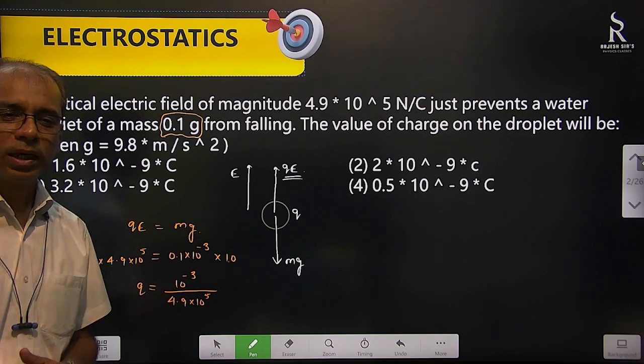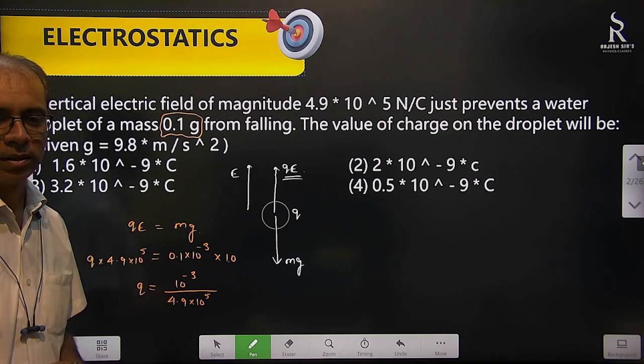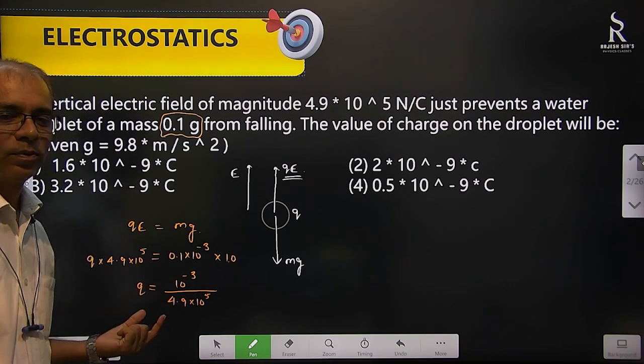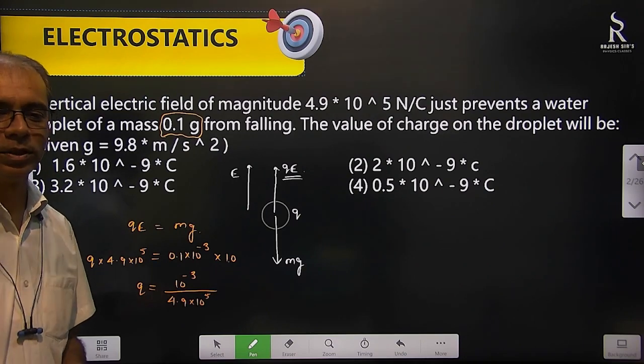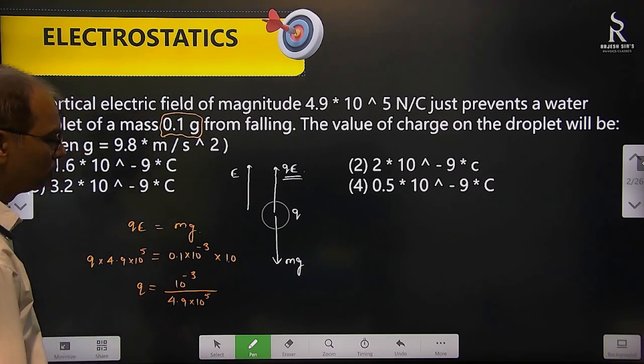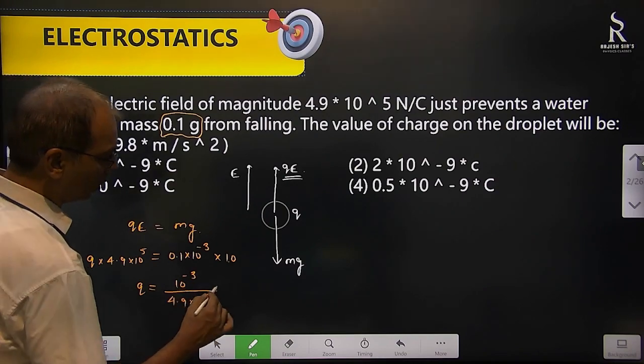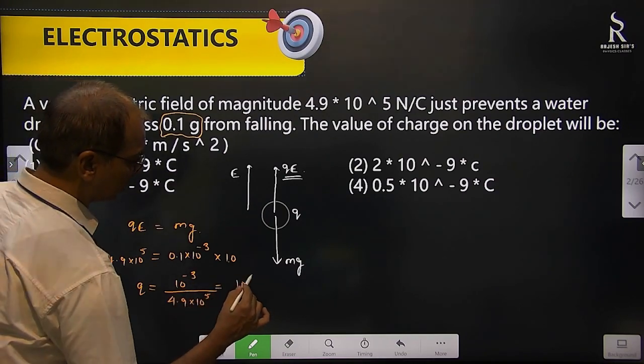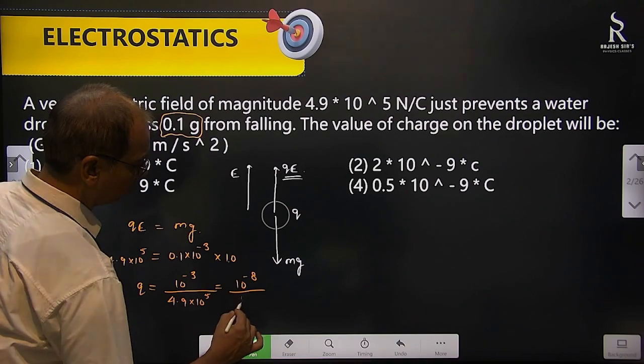This 10, I think I should have taken as 9.8, because this is 4.9. For 4.9 we could have cancelled it with 2. But never mind, the answer will be approximately the same only, so no need to worry. So 10 to the power 5 will go up, it will become 10 to the power minus 8 by 4.9.